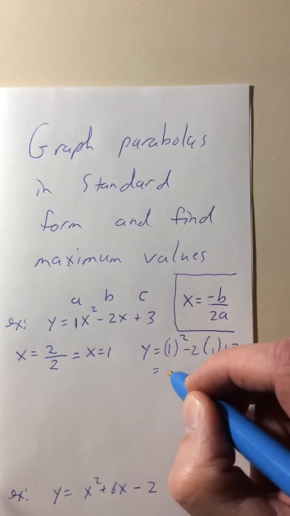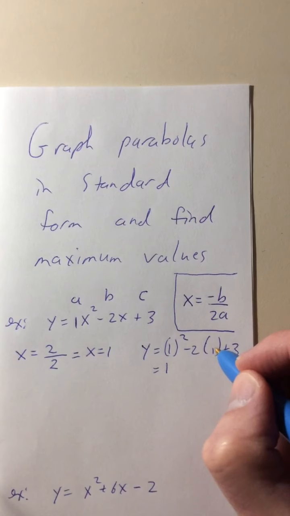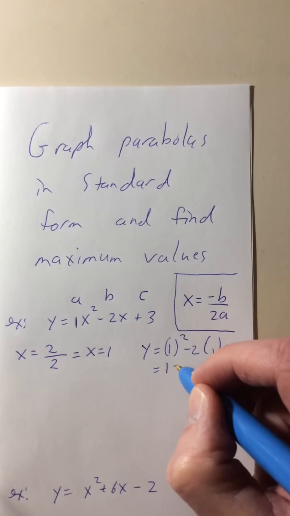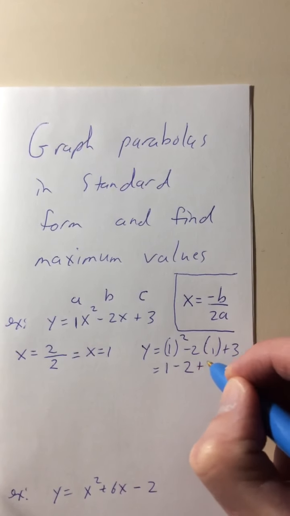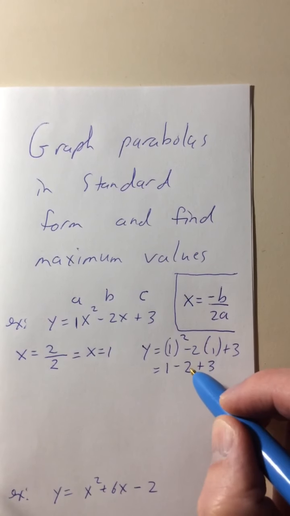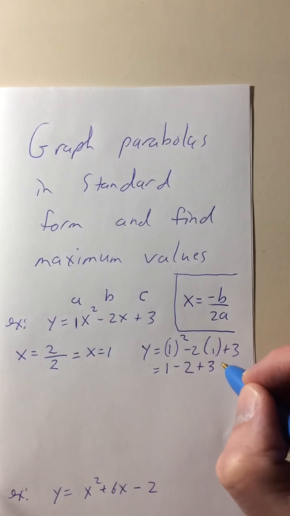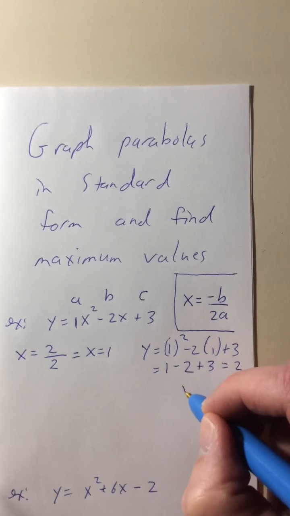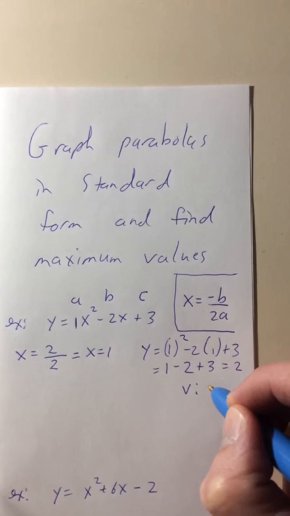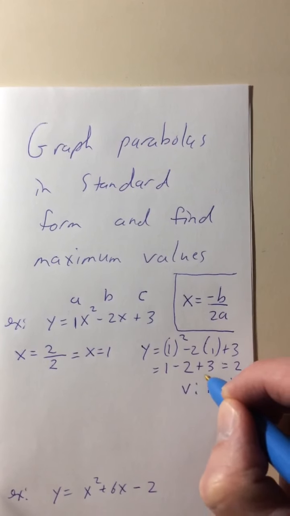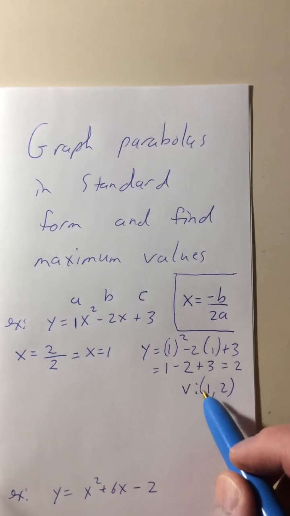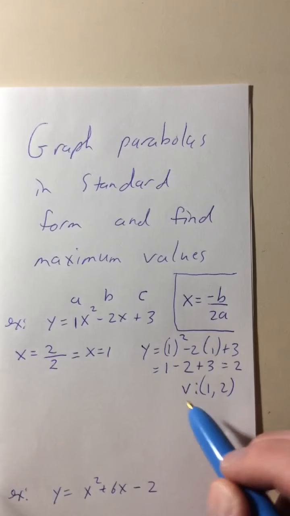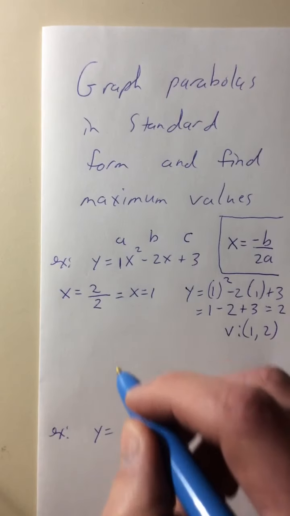So 1 squared is 1, minus 2 times 1, which is minus 2, plus 3. 1 minus 2 is negative 1, plus 3 is positive 2. So y is 2. So that means our vertex is 1, 2. X value there, that's 1. Y value there, that's 2. So there's our vertex. So now we can start doing the graphing.